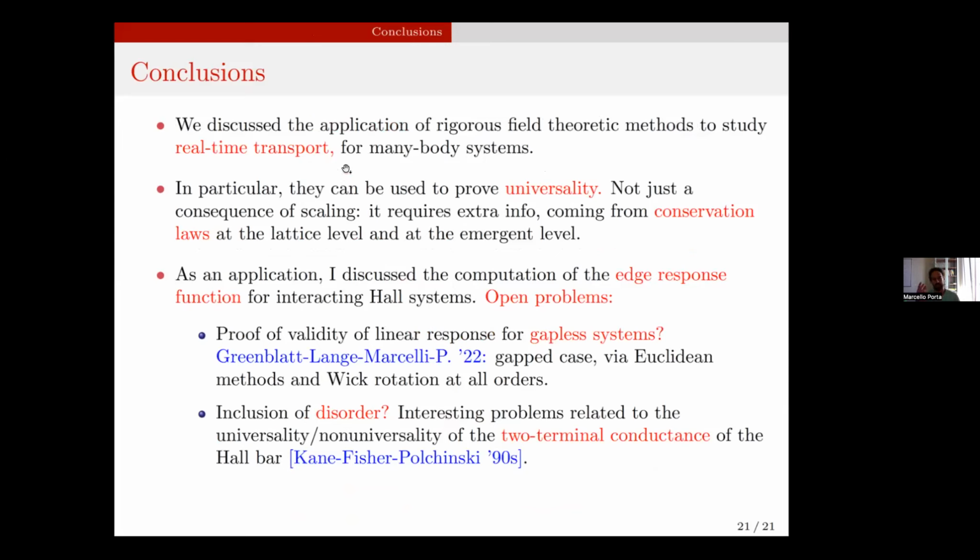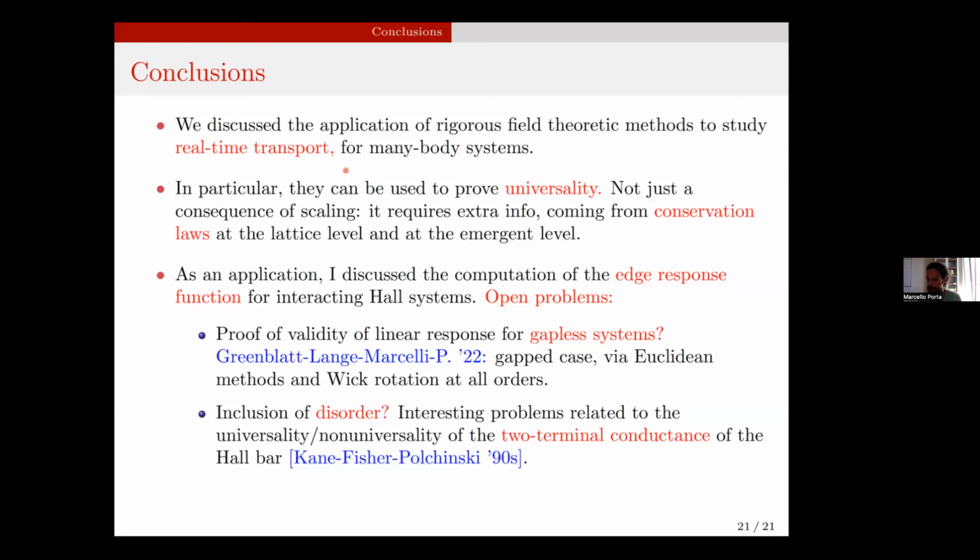So I gave you an overview of an approach to study transport for many-body systems, with a focus on real-time response coefficients for gapless models. This method can be used to prove universality as a result of a combination of certain ingredients. The first one is to isolate the scaling limit and use the special integrability properties of the scaling limit.